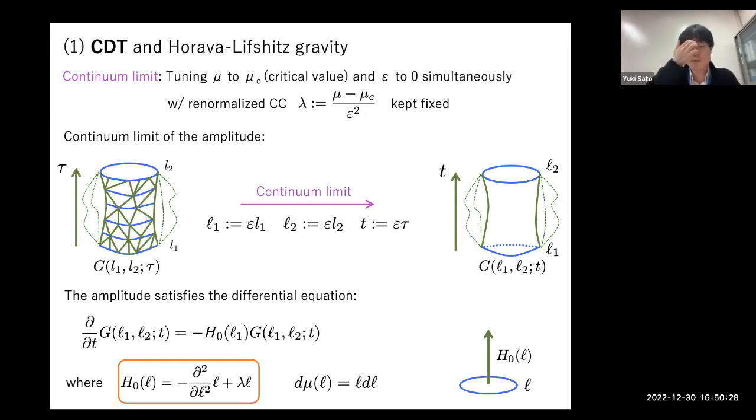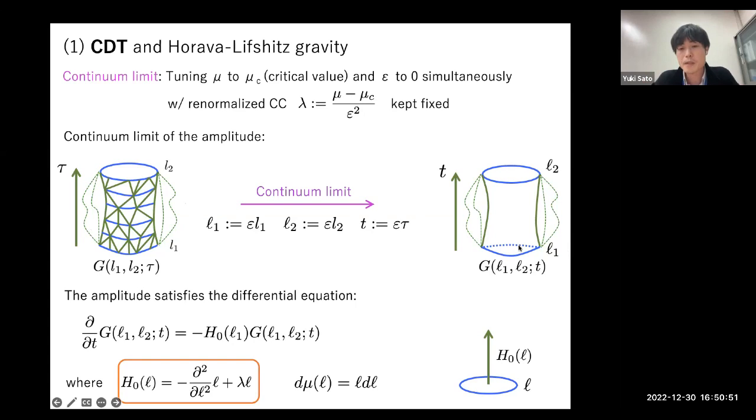If you take this continuum limit, this discretized, regularized amplitude becomes the renormalized one. The variables L1, L2, and T here are the continuous variables.